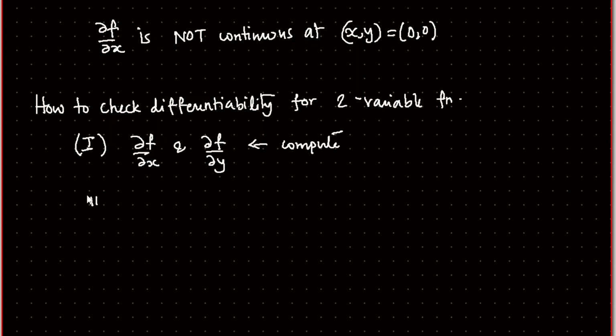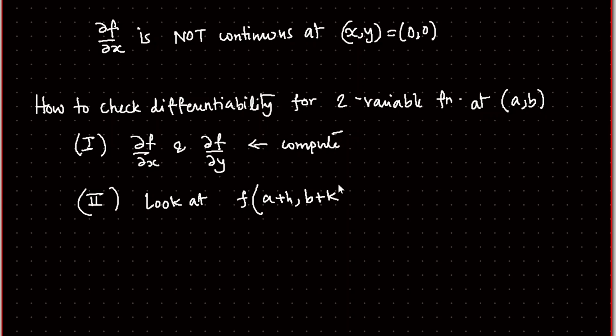Then the second step: suppose we need to check differentiability at the point (a, b). Then look at f of (a plus h, b plus k) minus f of (a, b) minus the partial of f with respect to x times h minus the partial of f with respect to y times k.